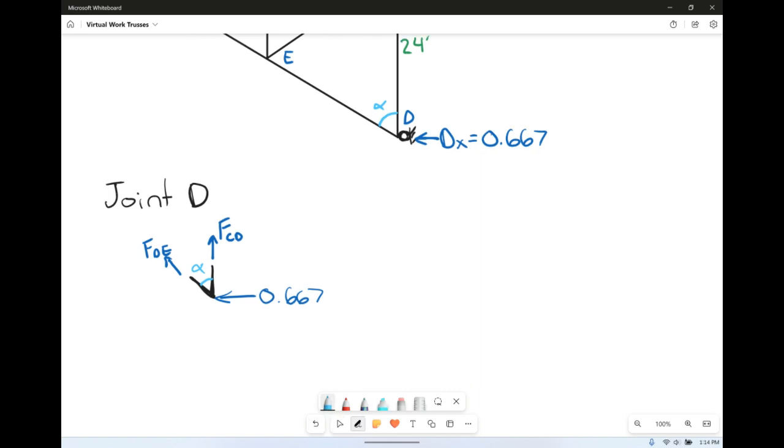So if we want to find the alpha angle, we said we've got alpha here, we have 32 and 24. So alpha is equal to the arctangent of the opposite, 32, over the adjacent, which is 24. So alpha is going to be 53.13 degrees. So maybe we'll write that up here. Alpha is equal to 53.13 degrees.